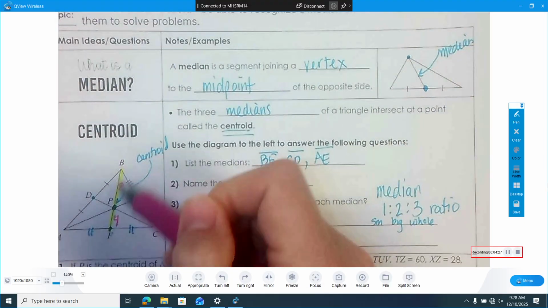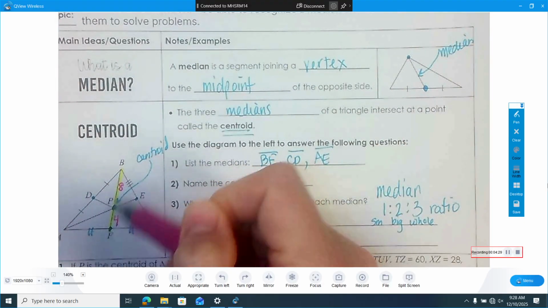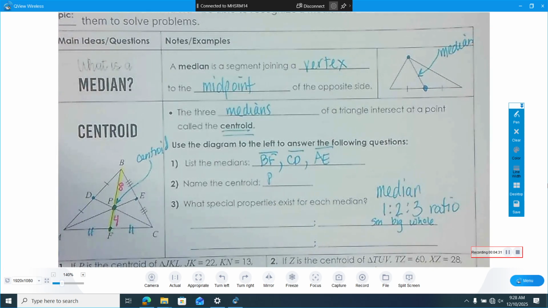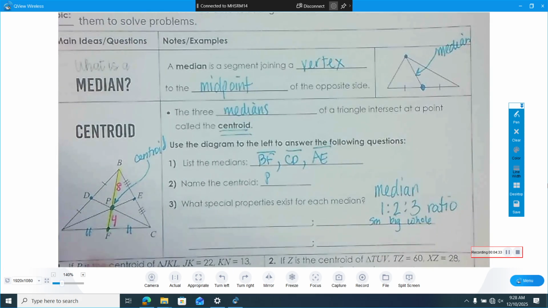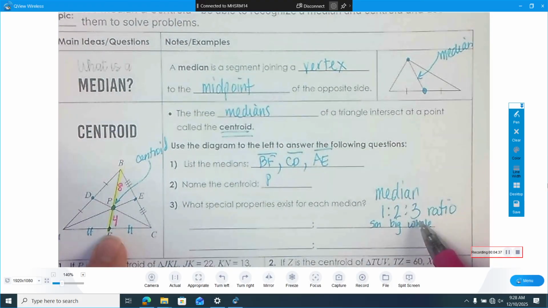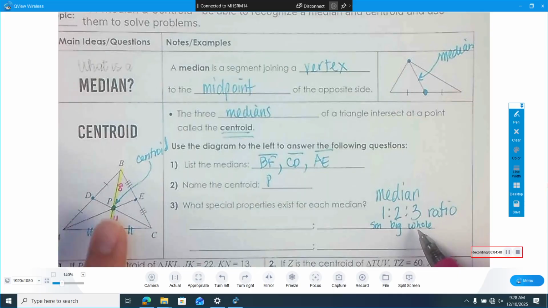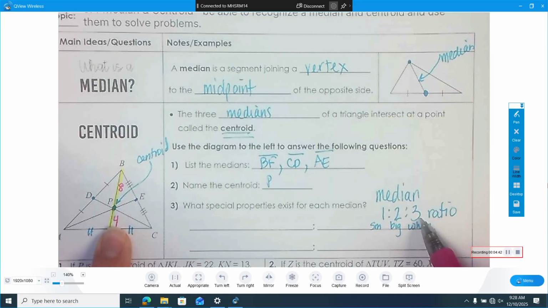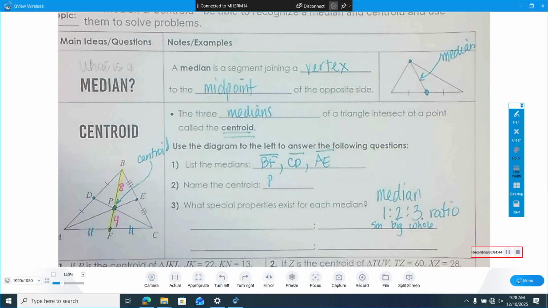The whole thing, you can see from this picture, the whole length is 12, right? 8 plus 4 is 12. So if you know the small thing, can we get the whole thing? Yeah, because 4 times 3 gets you the 12, right? Okay. So the median gets split into a nice 1:2:3 ratio. Super easy.